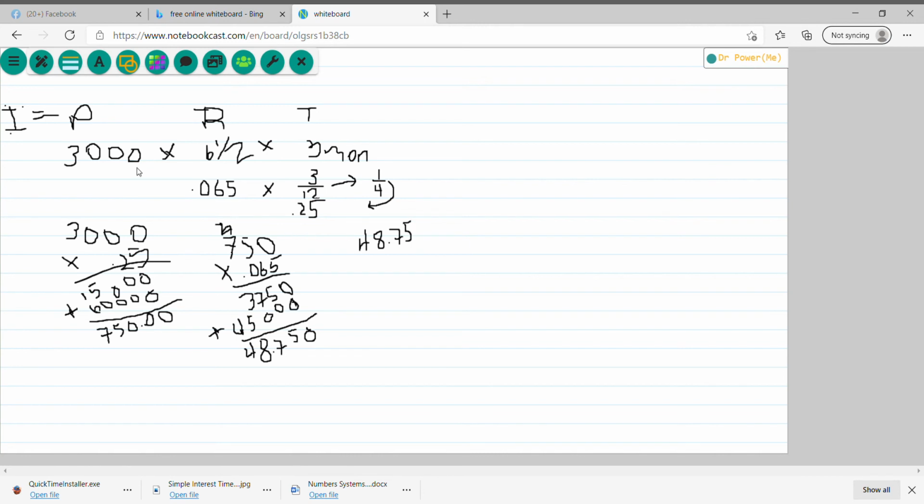So that's how much I make if I have $3,000 in the bank at a 6.5% rate for 3 months: $48.75. So in total, my bank balance at the end of 3 months will be $3,048.75.